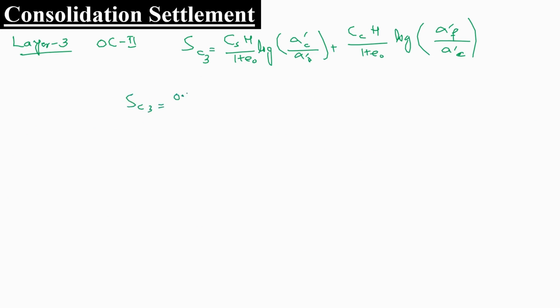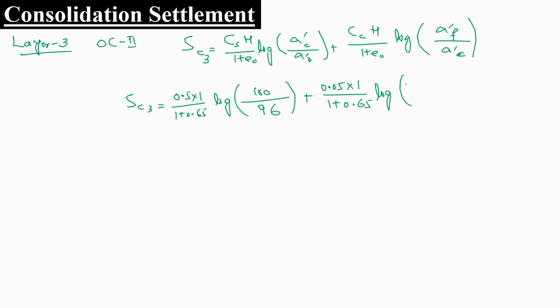CS is 0.05 times the height of the third layer, which is 1 meter, over 1 plus 0.65, into log of sigma prime C, which is 100, and for the third layer the static stress is 96, plus CC is 0.05, H is 1 meter, over 1 plus 0.65 into log of sigma prime F for the third layer. The summation of both the stresses is 111 and sigma prime C is 100.